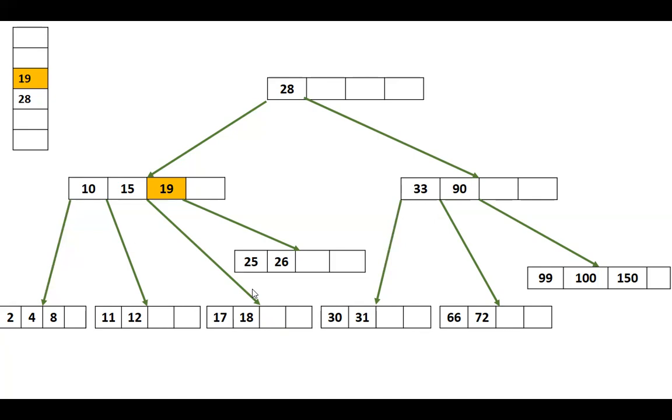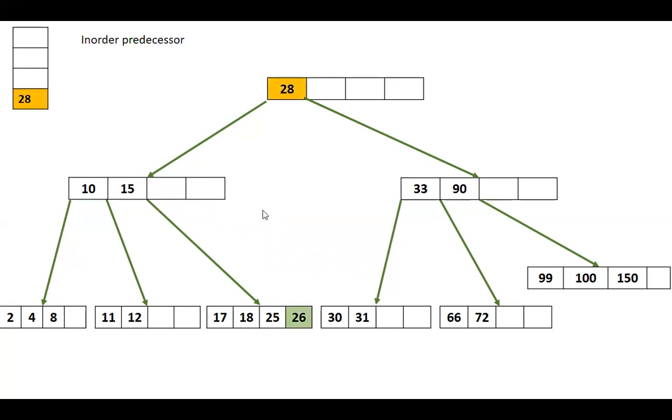When you are merging the nodes, 19 is deleted and these two nodes are merged. So it will be 17, 18, 25 and 26. Is it fine? The nodes are merged, and still the property of having a minimum of 2 keys is there.